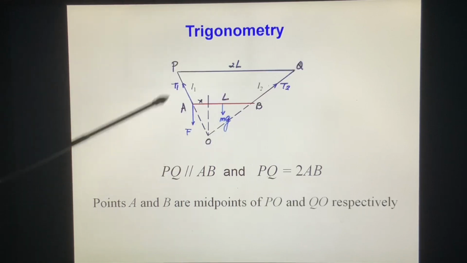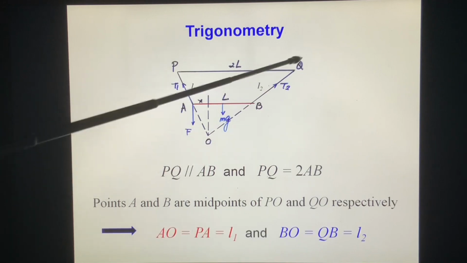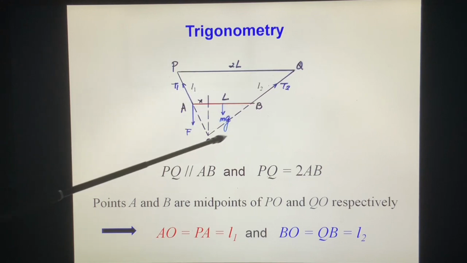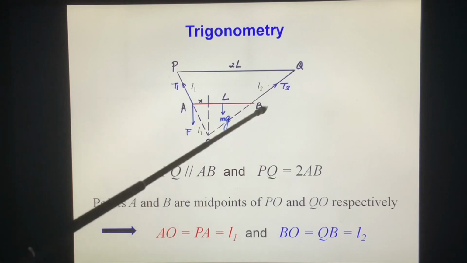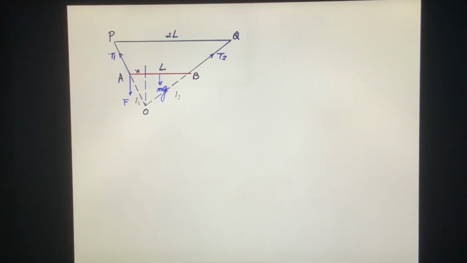In other words, AO equals PA equals L1, and BO equals QB equals L2. So this is L1, this is L2. Once we have this, we go on. Now let's go to the physics. What we want to find is F.